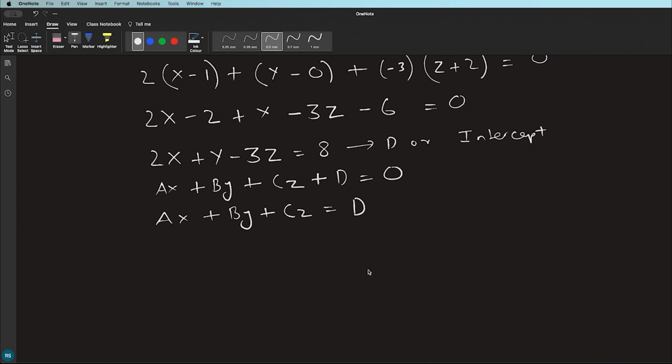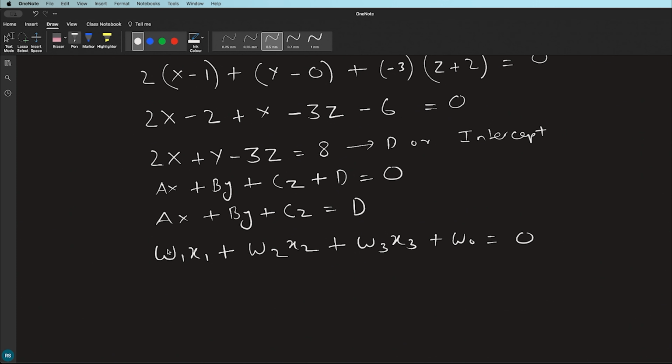Now in machine learning, this equation is denoted by w1 x1 plus w2 x2 plus w3 x3 equal to d, or this d we can write as w naught, which is also called the intercept.